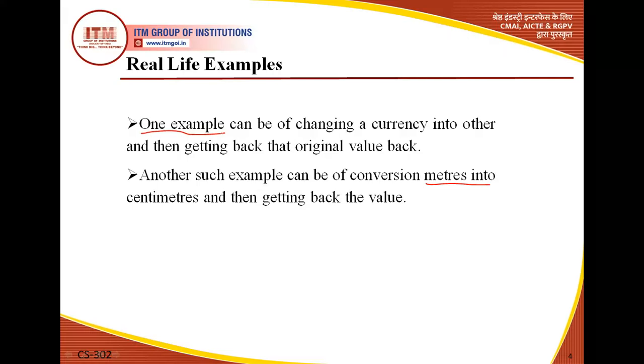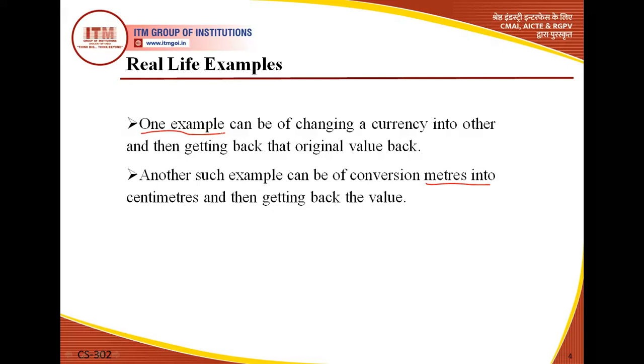Now inverse process is always not feasible. There can be processes where inverse cannot be formed, where inverse cannot be feasible. But there are certain processes where inverse is feasible, or it can occur.